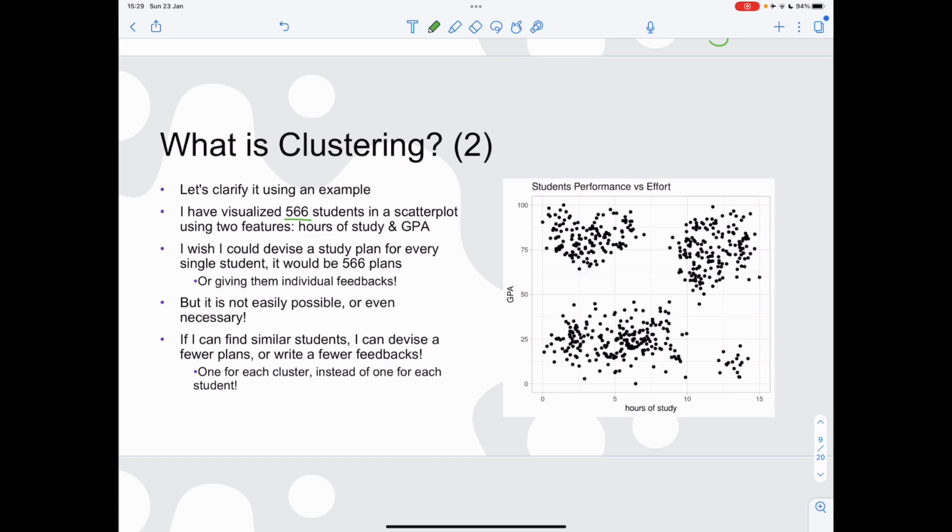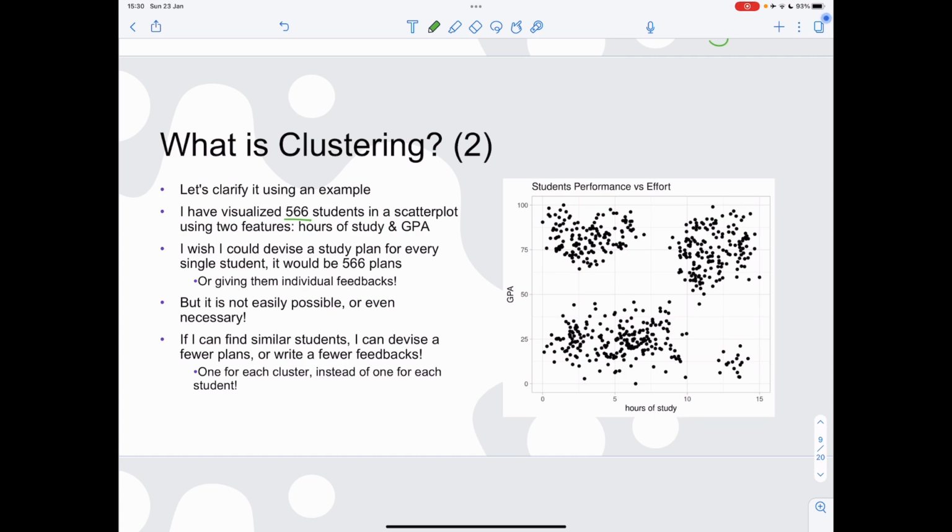I wish I could devise a study plan for every single student, 566 plans, or give them individual feedback about their performance and hours of study, based on these two variables. But it's not easy. It might be possible, but it's not easy, and you might think that it's not necessary to give individual feedback.